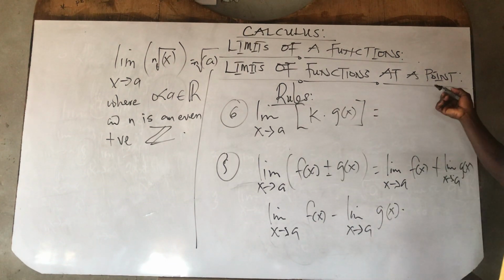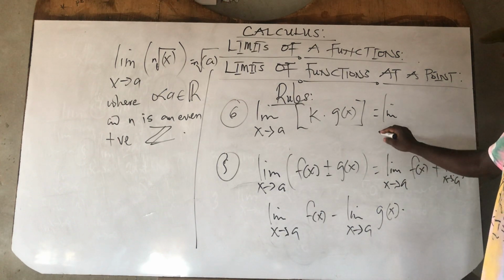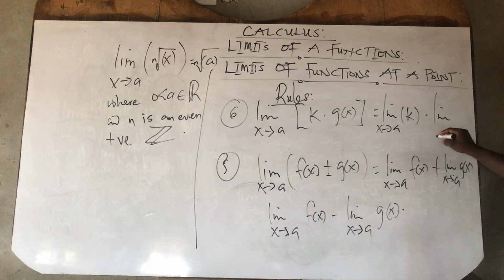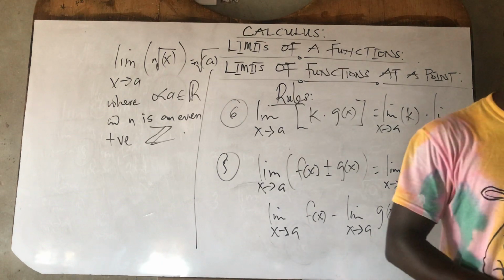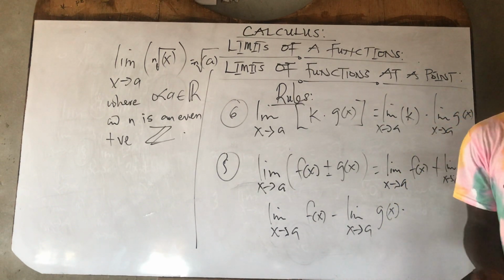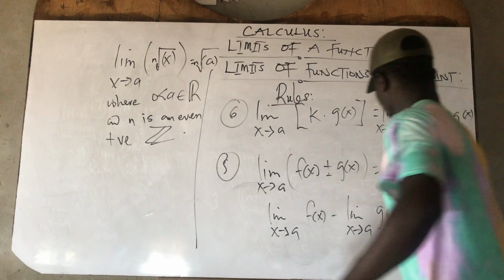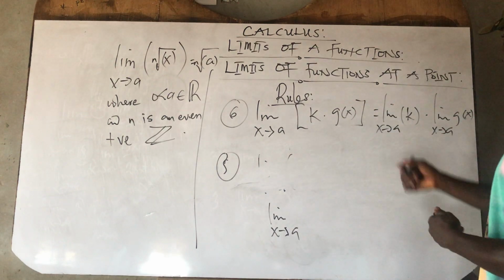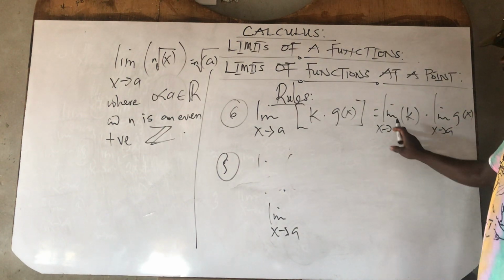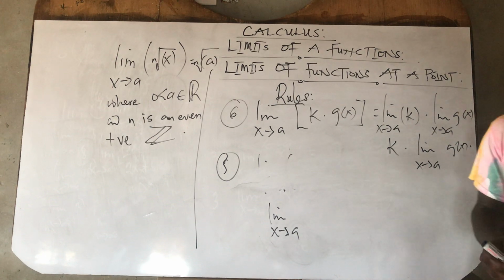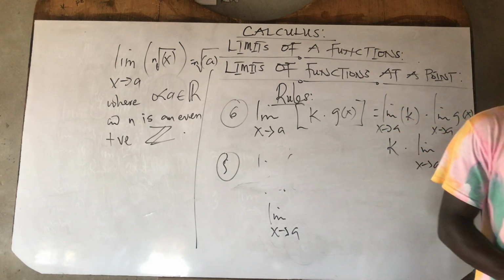So this one will be the same thing as the limit as x approaches a of k, times the limit as x approaches a of g of x. So again, the limit of k times g of x is k times the limit as x approaches a of g of x.